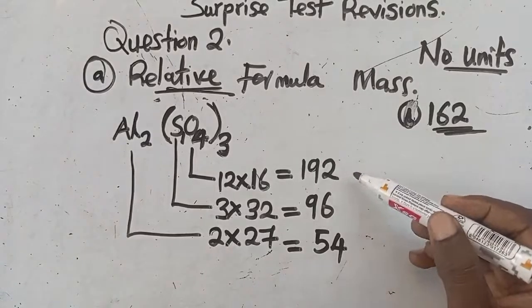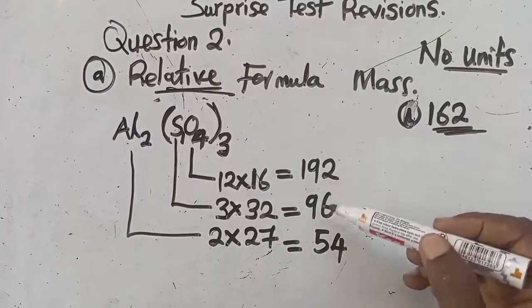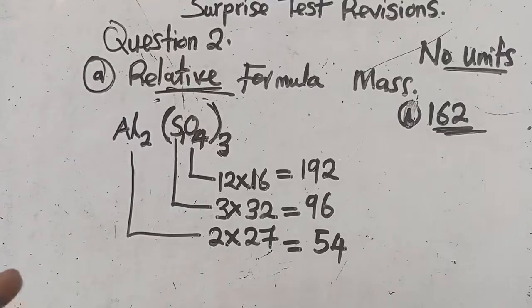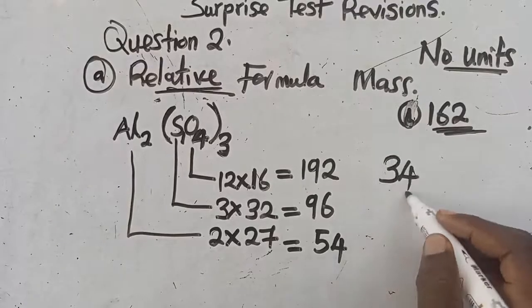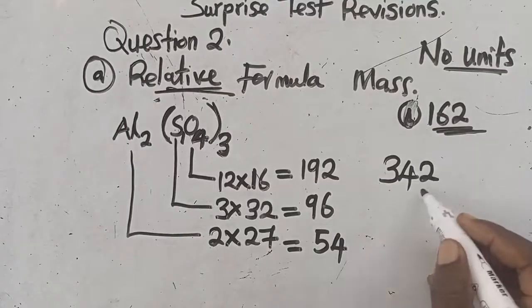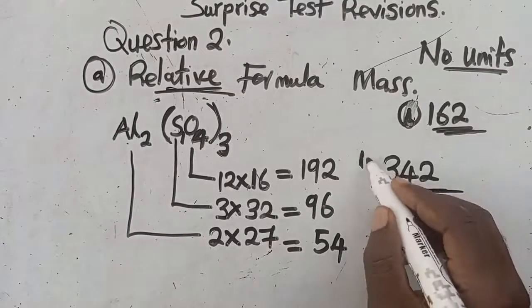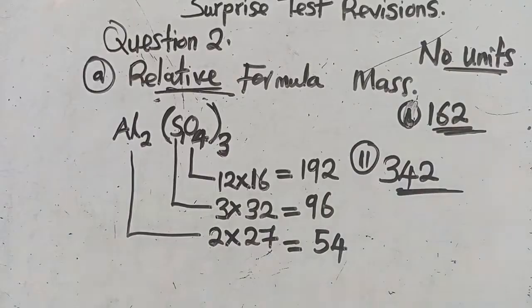Then I add: 192 plus 96 plus 54. The answer is 342. So for part 2, that is the answer. These are simple things. As long as you follow the concept, you should not struggle to answer them.